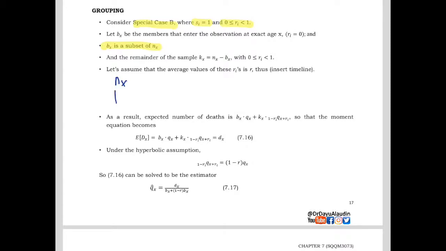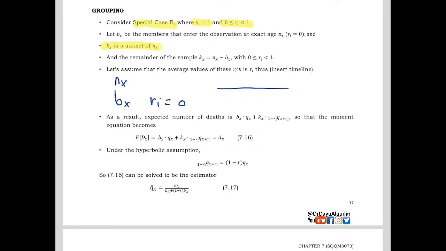So the Bx, where the Ri is equal to 0. So the participant with Ri equal to 0, we denote it as Bx.